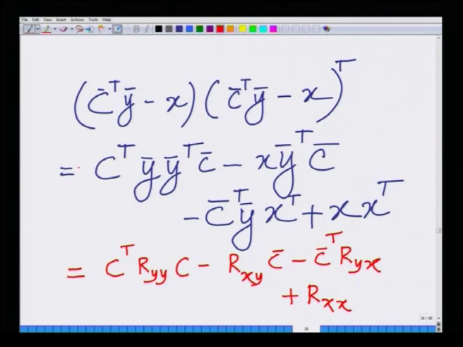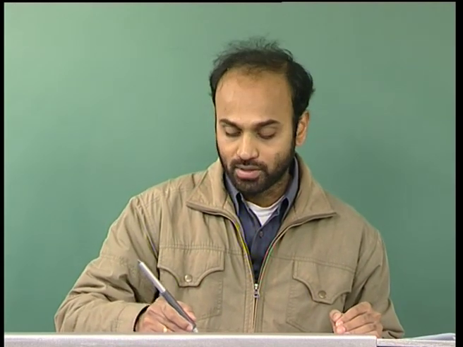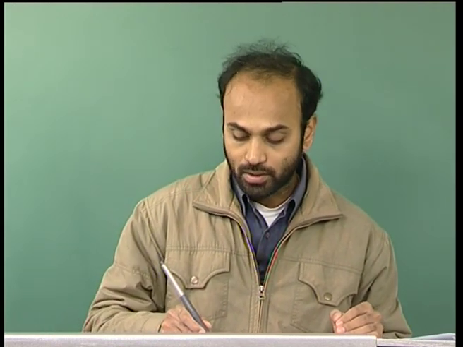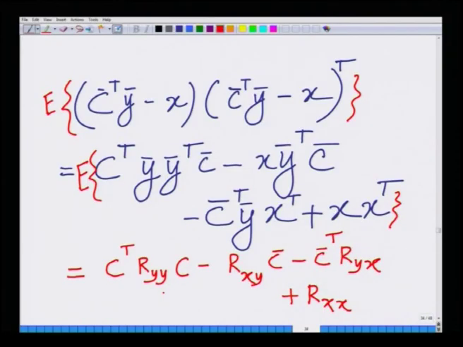That is, when I take the expected value of this error, I want to minimize the average error. Hence, I am considering the expected value of this error, and it reduces to this function, c transpose R y c minus R x y c minus c transpose R y x plus R x x, where these are the respective correlation and cross correlation matrices that we introduced earlier.